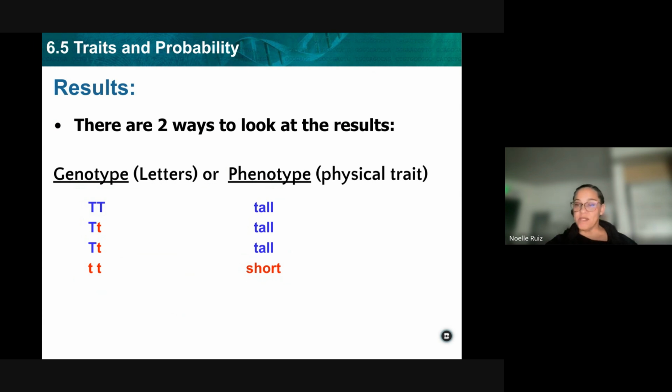So this is where the probabilities come in. What is the probability that child will be tall? We have 1, 2, 3 chances out of all 4. So like I said, if I give you 3/4, how much money will you have?